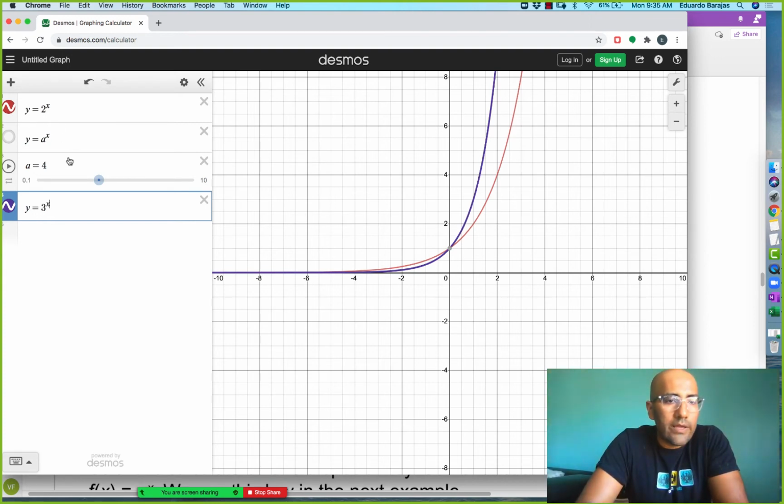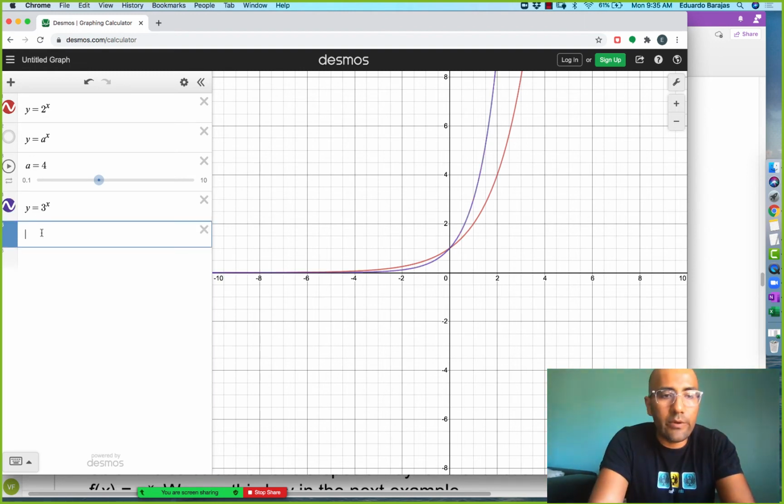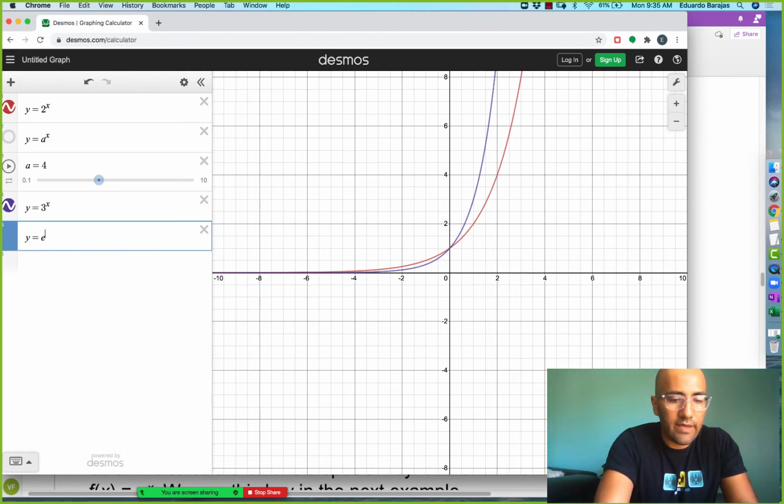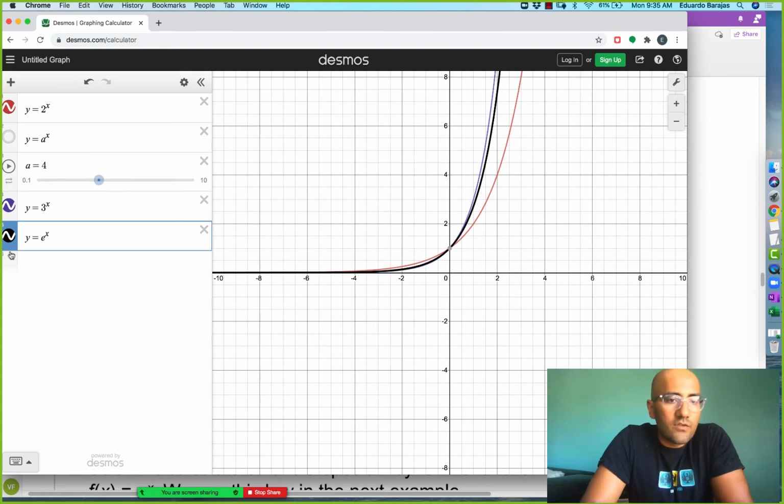We know that the one we're looking for is somewhere in between those, because e is somewhere between 2 and 3. So it's equal to e to the power of x. It's this black one right here that we want.